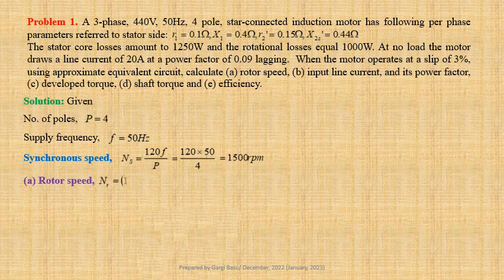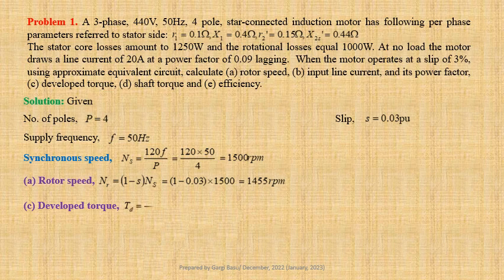Nr equals to 1 minus S times Ns. Given slip S equals to 0.03 per unit. Therefore, Nr equals to 1 minus 0.03 into 1500, that is equal to 1455 revolutions per minute.